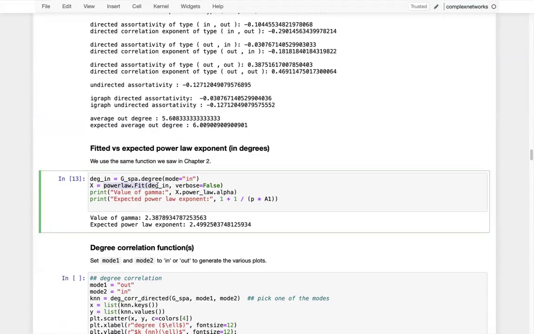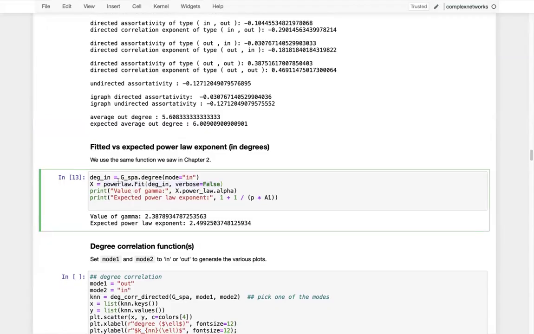So we already saw how to compute a fit for a power law. We did that in a previous chapter. So here we're getting the value 2.3839, which we compare to the expected value or the theoretical value of 2.5. So again, we're not exactly, but pretty close to what we expect.